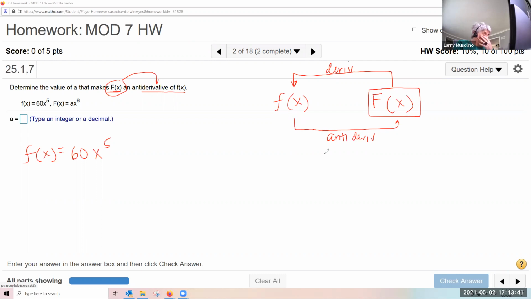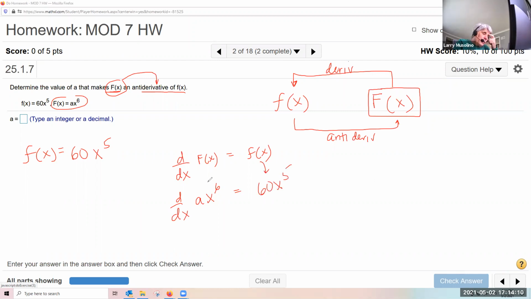So I can really think of this two ways. I'm going to take the derivative of capital F of x. That should get me back to lowercase f of x. So that means I want to take the derivative of ax to the 6. And I know that has to get me the original f of x, which was 60x to the 5.